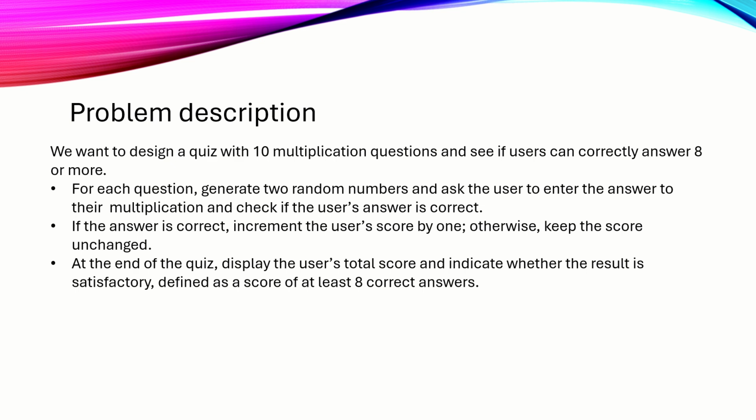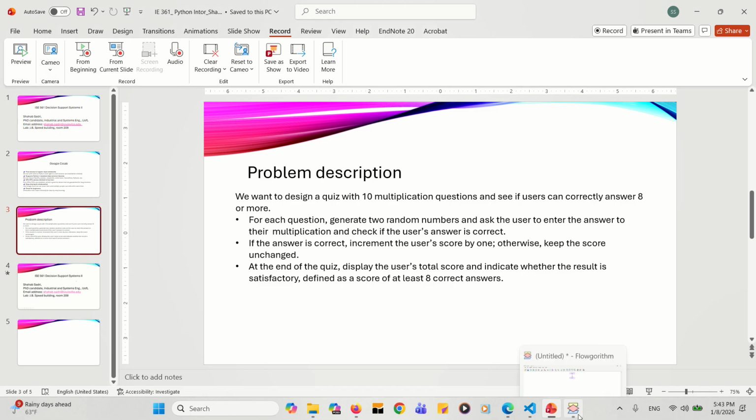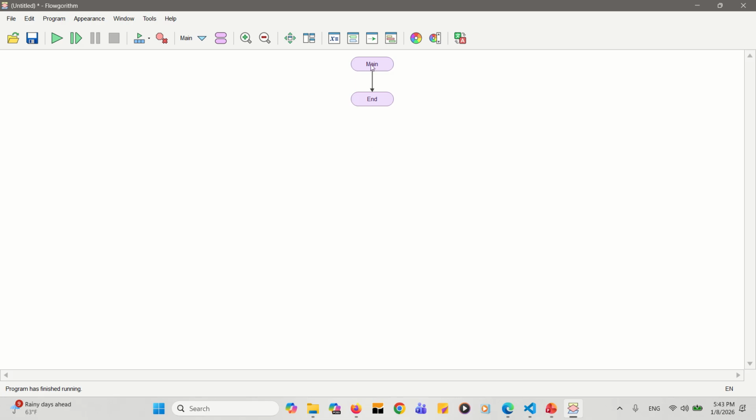So to implement this in Flowgorithm, we go to Flowgorithm. The thing that we understand from the description is that there are a set of actions that we need to do 10 times.